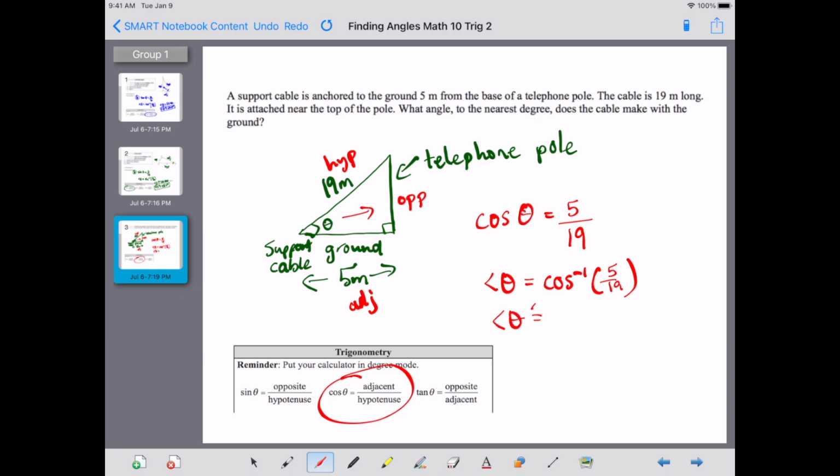And when we do that, we get approximately 74.74. So in this question, we have to be careful. They ask what angle to the nearest degree. So that's going to be approximately 75 degrees, because 74.74 is closer to 75 than it is to 74.